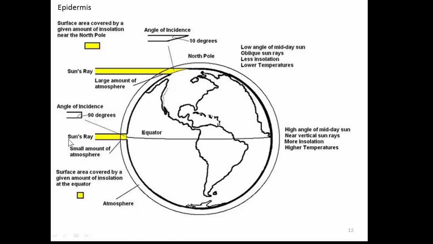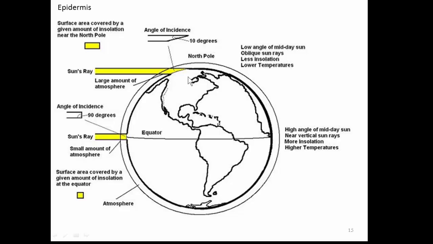It turns out that the sun's rays hit straight on at the equator. And so there's very, very strong sunlight at the equator. Lots of UV radiation, much more sun exposure at the equator.